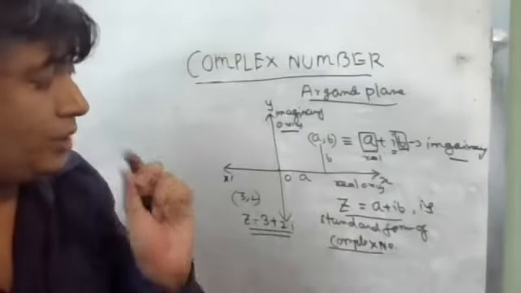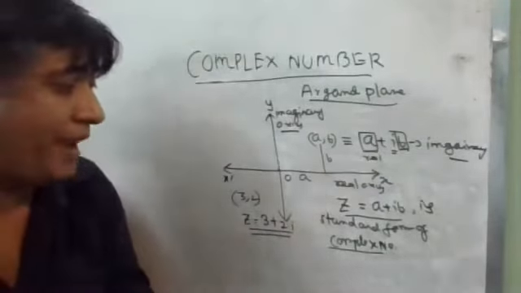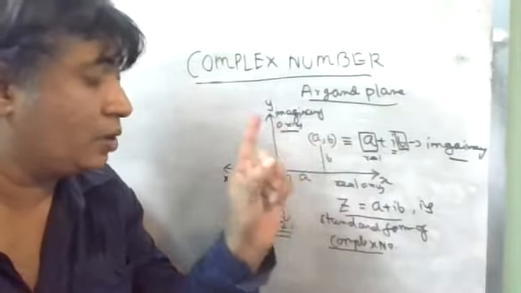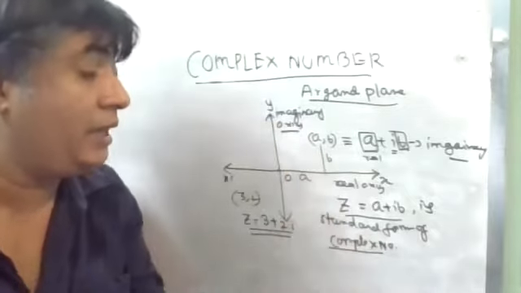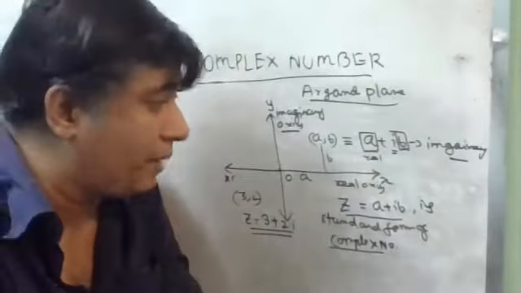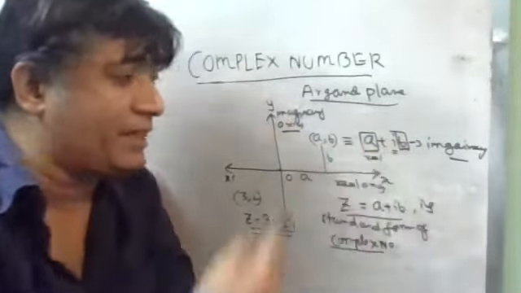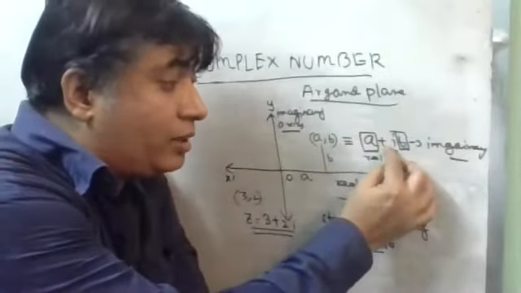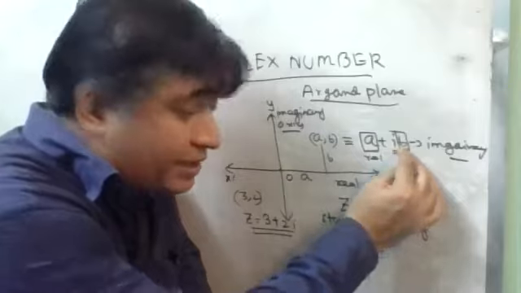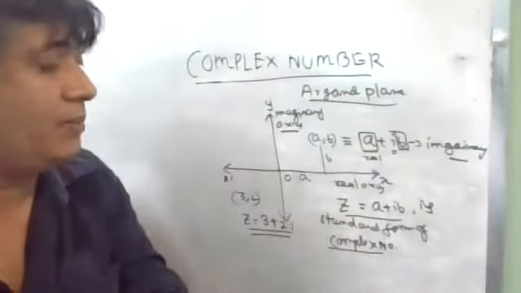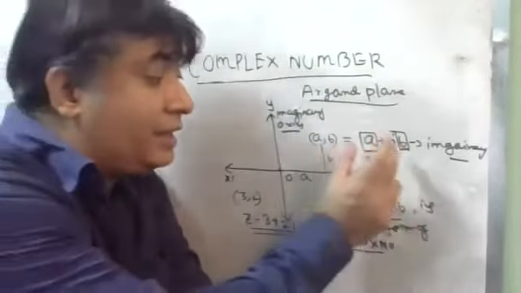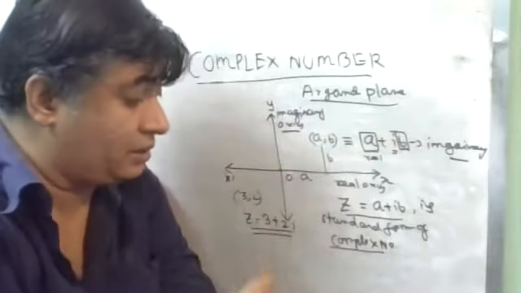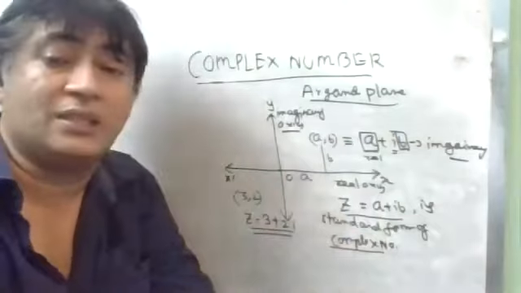So what we have learned in this short span is that if I plot a point (a, b) in coordinate geometry, then in the complex plane or Argand plane, it will be expressed by a plus ib, where a and b are real, but as iota is attached with b, the b part is called imaginary. This representation is denoted by z, and this is the standard form of a complex number.